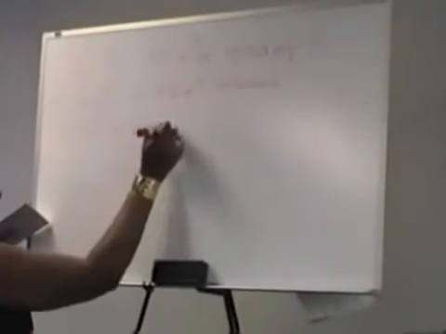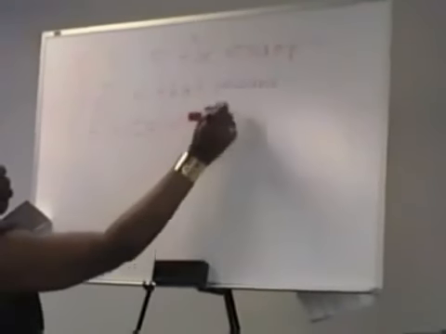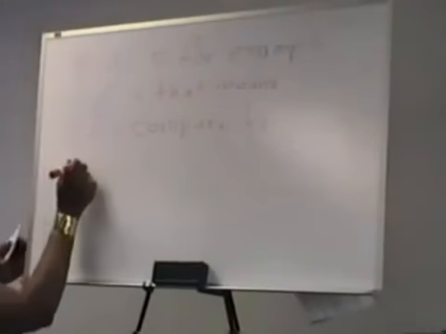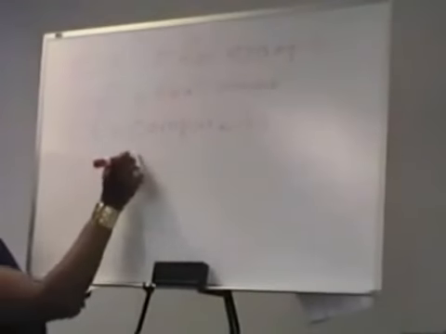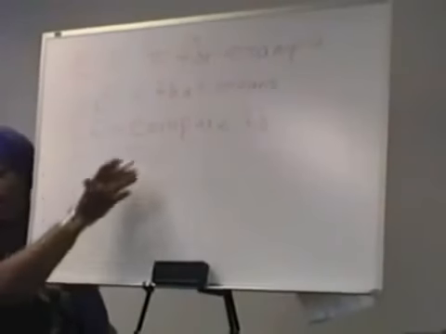Anytime you see C period, F period, that means compared to. Anytime you see a little c in front of a number like 1170, that letter means it's somewhere around about 1170.